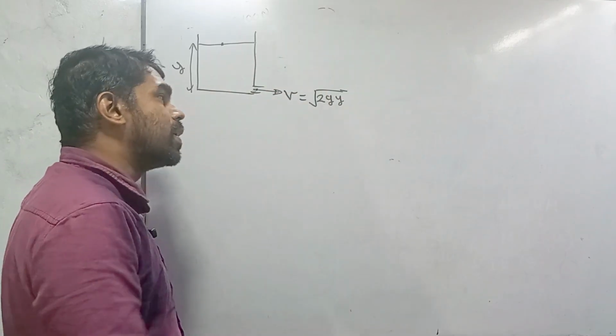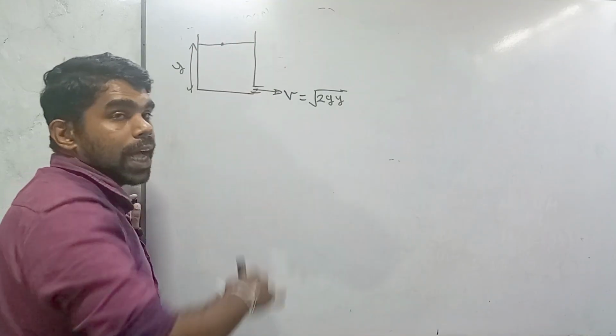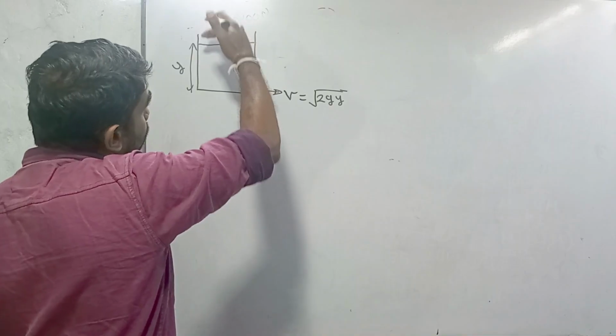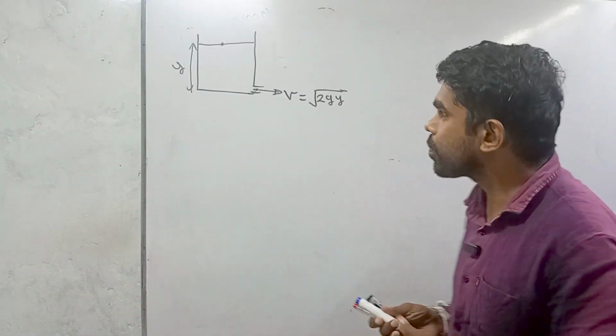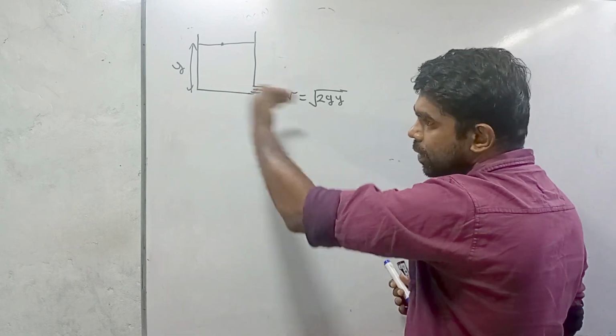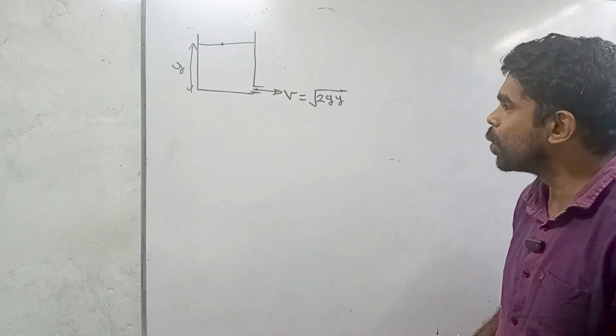You can remember this one. If there is a large cross-sectional area, it means we can consider the velocity of the surface as 0. Then the ejected velocity of water or any other fluid is root 2gy.